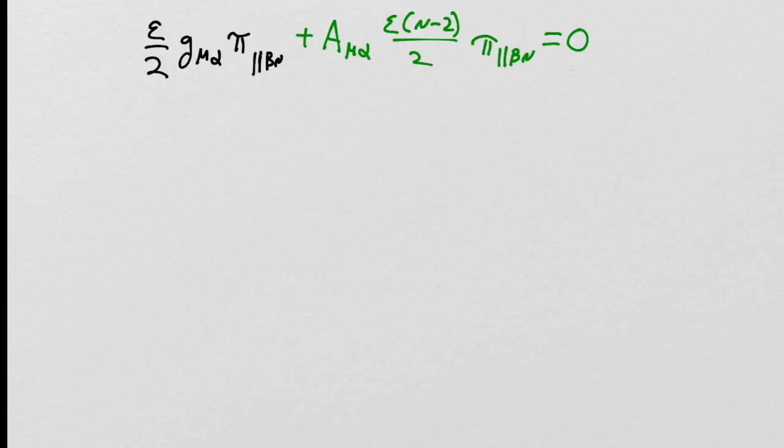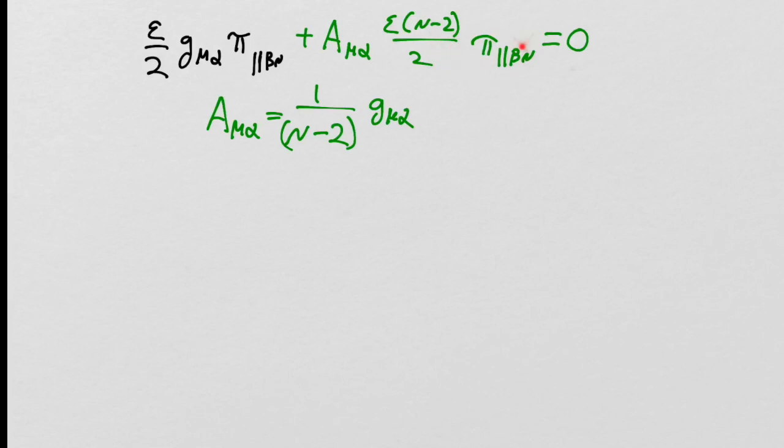So what is that obvious choice? Well, if a mu alpha were equal to 1 over n minus 2 times g mu alpha, then what would happen? This n minus 2 would cancel there, and g mu alpha would come up front.